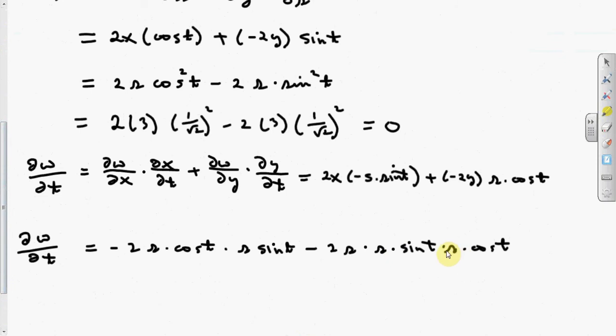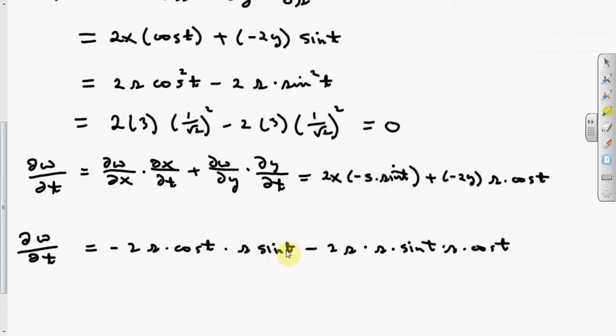So again, this is negative 2, and then x is s cosine t times that s times the sine t.